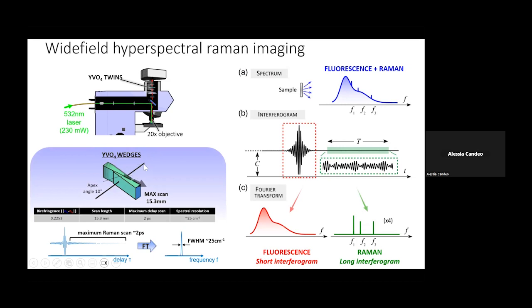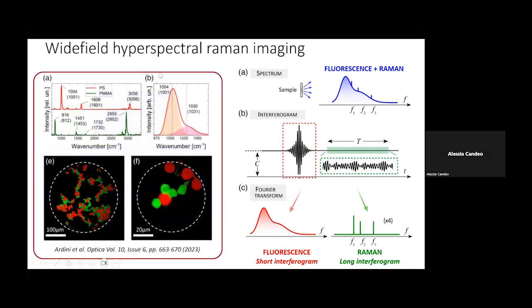This is due to the fact that YVO has a larger delta n. The difference between the ordinary and extraordinary index of refraction is bigger, and the apex angle of the wedges is larger, and this allowed us to perform very long scans of our interferometer and achieve resolutions of 25 cm^-1.